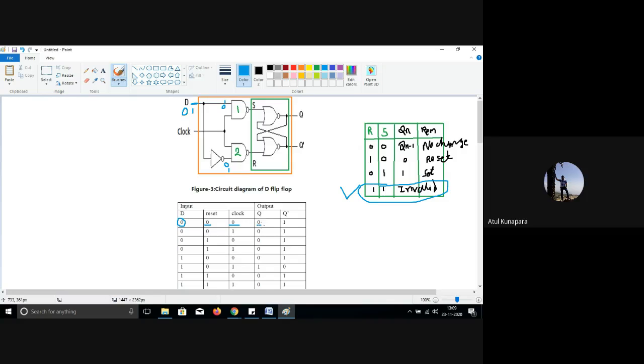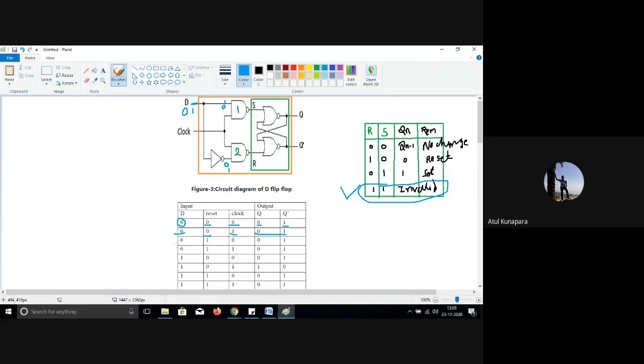Then your output Q equal to 0 and Q bar is equal to 1, right? Then if your data input is 0 and the clock signal is logic 1 and the reset condition is 0, then you will see the same condition here at the output side.